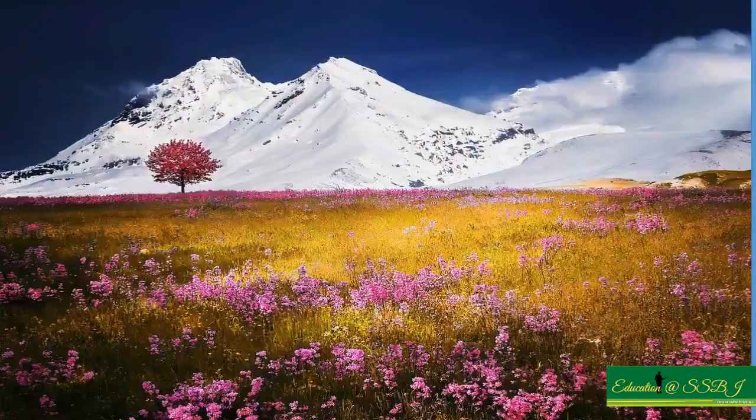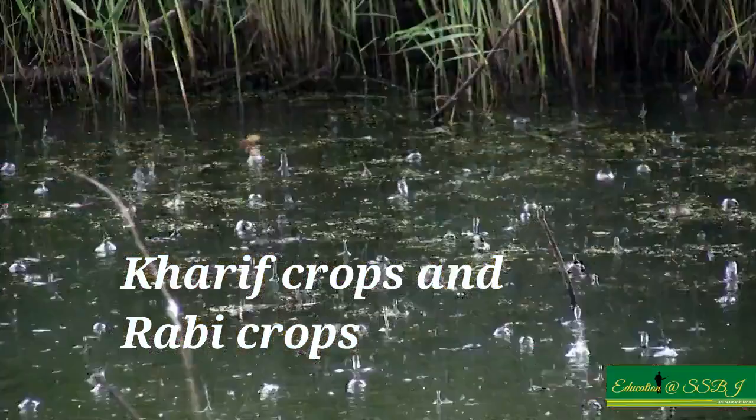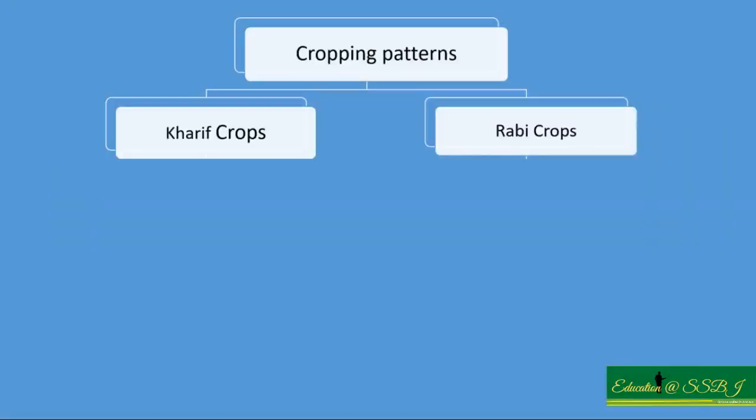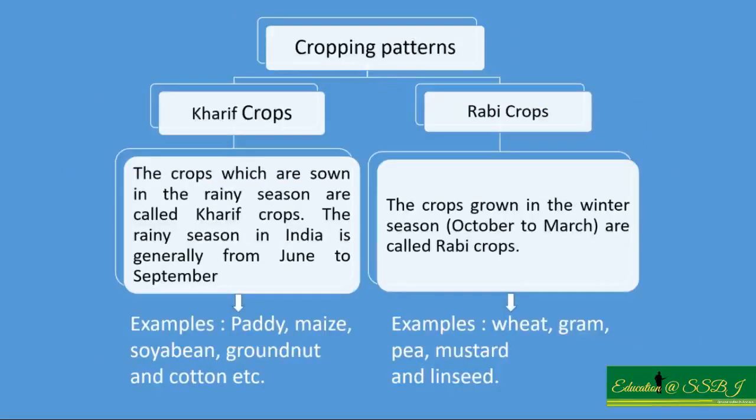Depends on the season they grow, we have two types of crops, Kharif crops and Rabi crops. Kharif crops are those which are grown in a rainy season, and the Rabi crops are grown in winter season. And here are the examples of Kharif crops and Rabi crops.